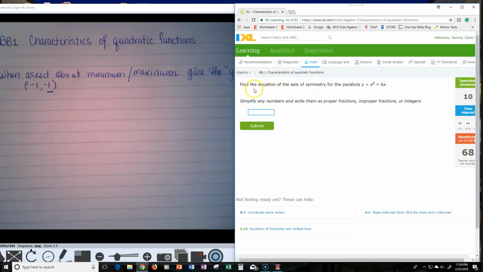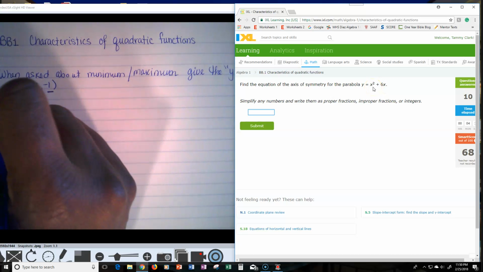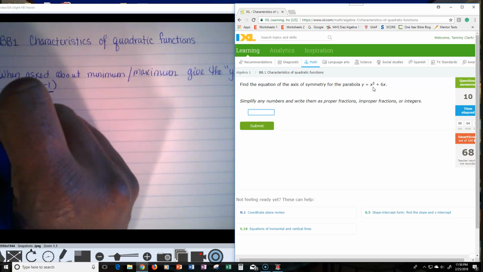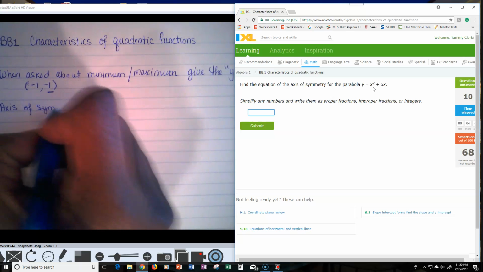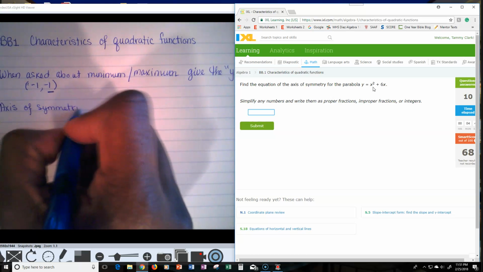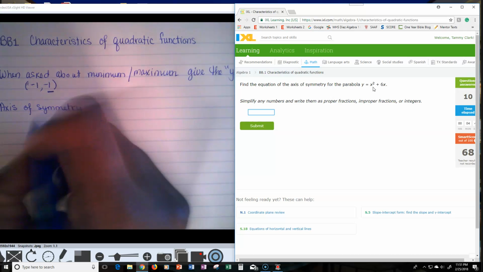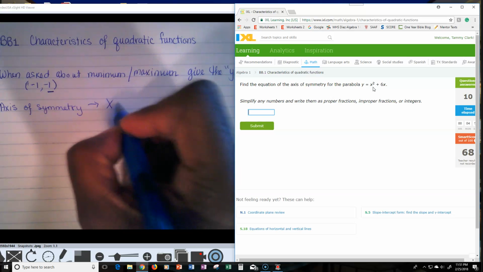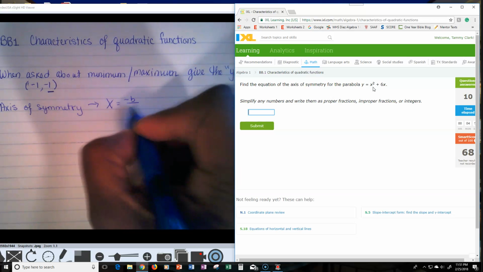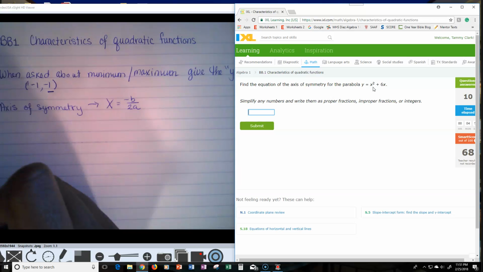All right, now, find the equation of the axis of symmetry for the parabola y equals x squared plus 6x. And we've done this quite a bit, so we know that when we're looking for the axis of symmetry, we're going to use the opposite of b divided by 2 multiplied by a. So that's x is equal to the opposite of b divided by 2 multiplied by a.